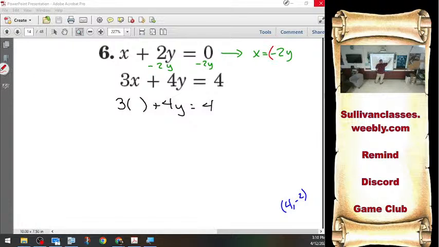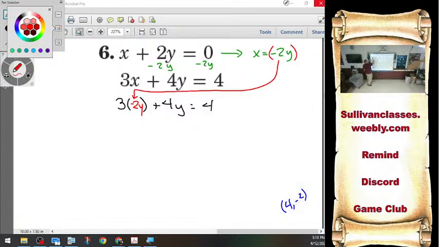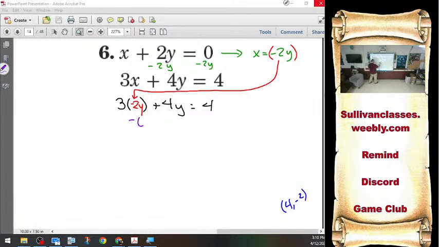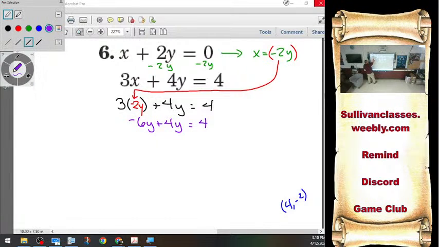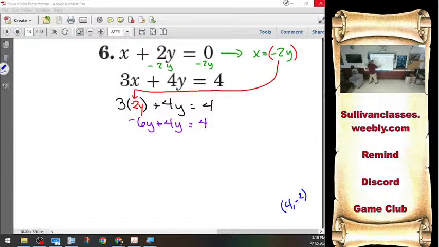If I say x is this stuff, replace x with that stuff. Multiply, negative 6y plus 4y. Combine.